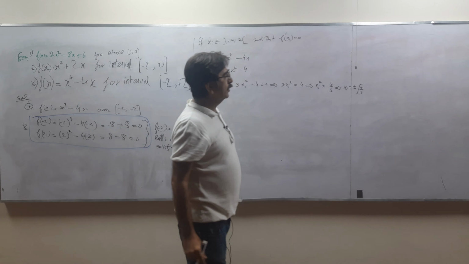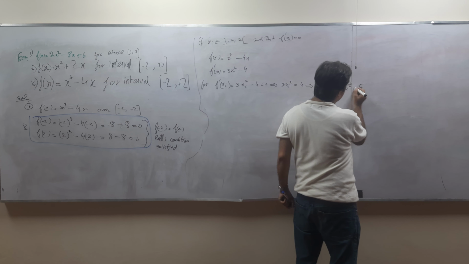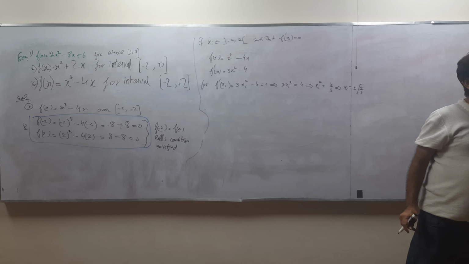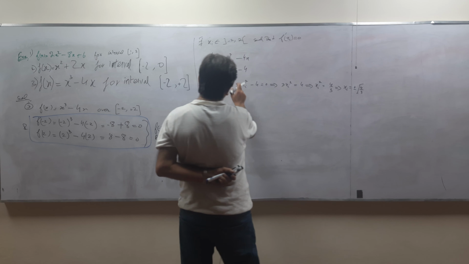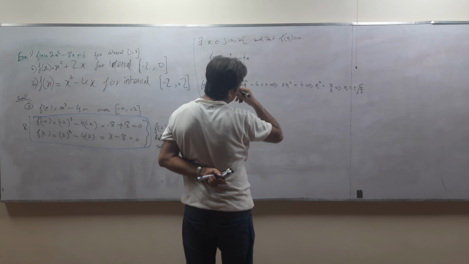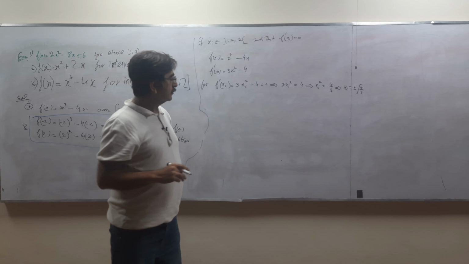Okay, you may say that there will be 2 points, plus and minus, because 3xi square is 4, xi is equal to square root of 4 divided by 3, so there will be 2 points. Okay.